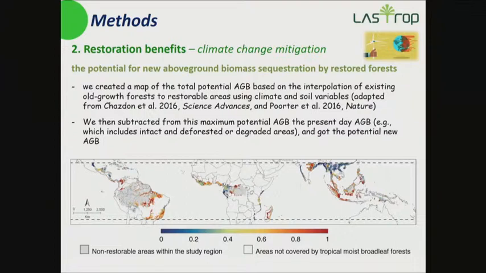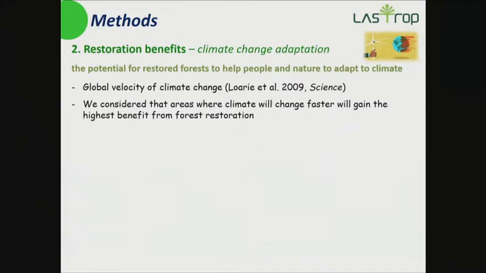So it's a new analysis, a new layer developed exclusively as part of this work. And then we got the potential contribution of restoration to accumulate above ground biomass, and consequently to help mitigate climate change globally.